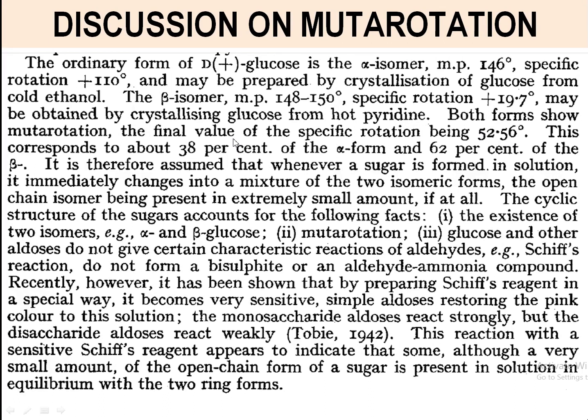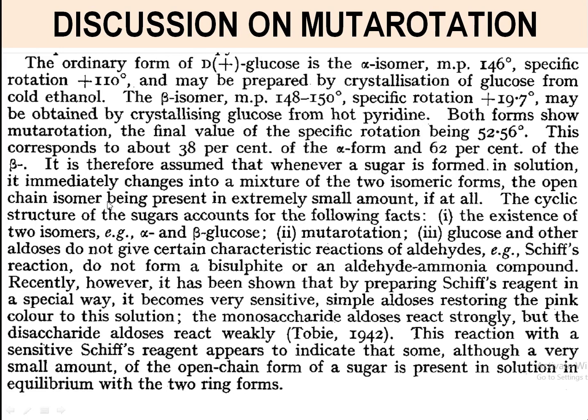But when time goes on, or you allow it to stand, or you heat it, or you add any acid or base to it, it reaches an equilibrium solution which consists of 38% of the alpha form and 62% of the beta form. So it is therefore assumed that whenever a sugar is formed in solution, it immediately changes into a mixture of the two isomeric forms.